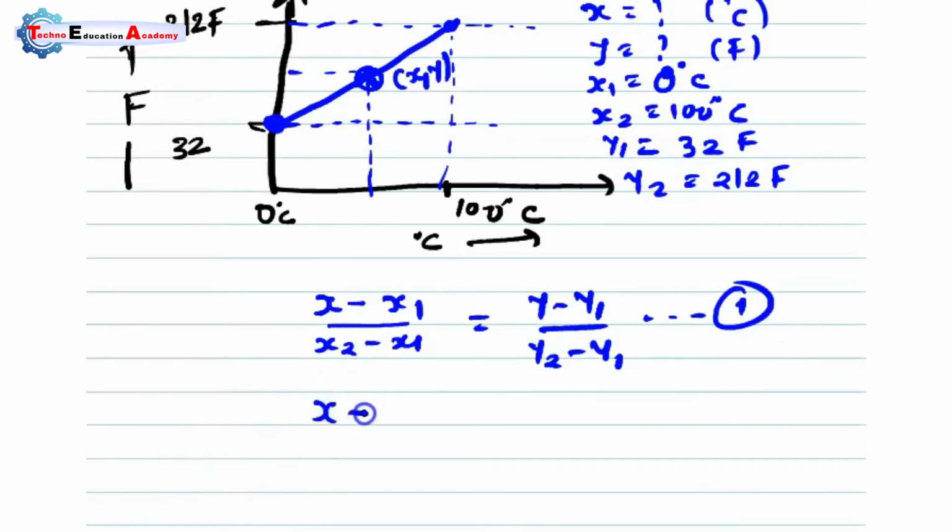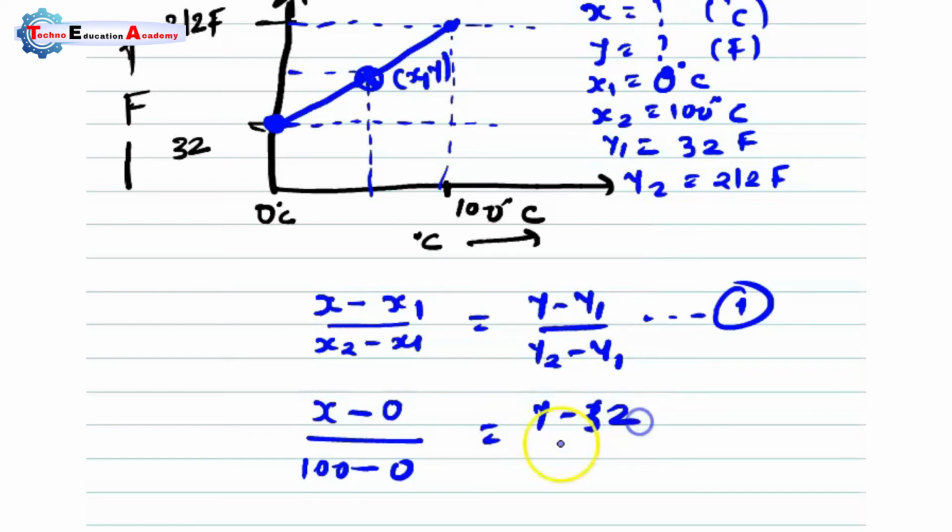So (x minus 0) divided by (100 minus 0) is equal to (y minus 32) divided by (212 minus 32).